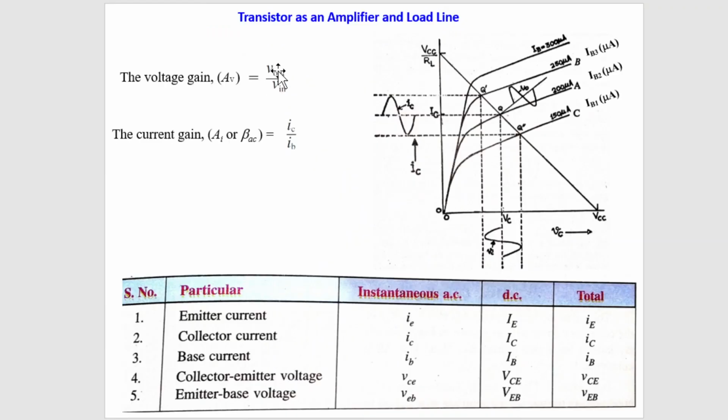So output voltage can be determined. The output voltage will be equal to AV into Vin. AV is given, that is 100, and small vb, I think, is given.